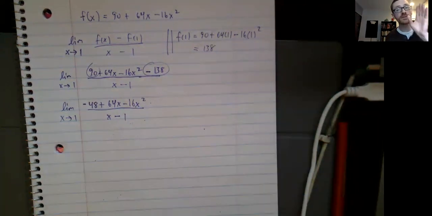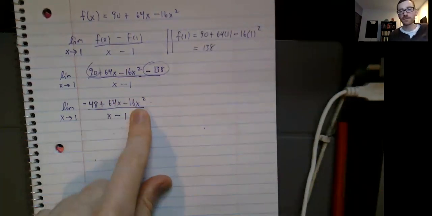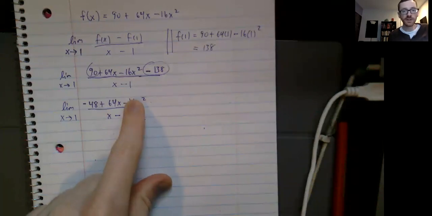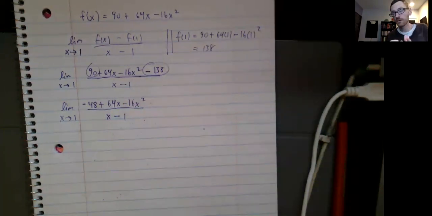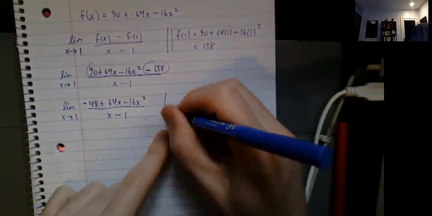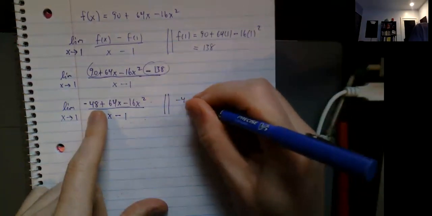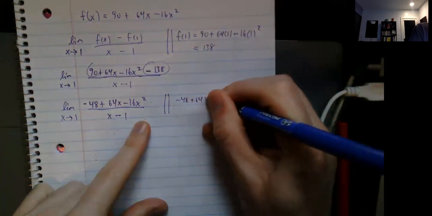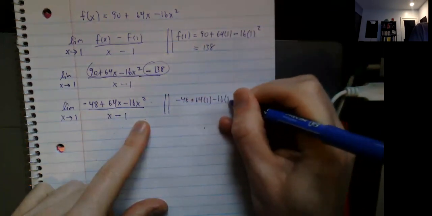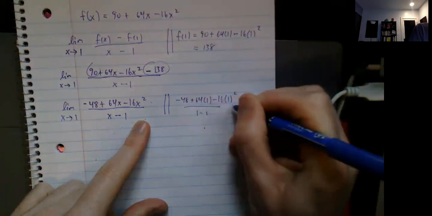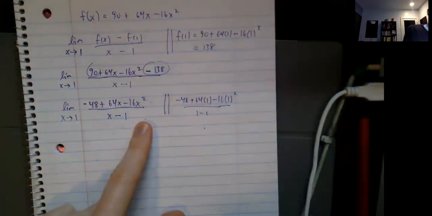So this is like what we did 2 lessons ago, okay? The first thing that you do with these is you just try plugging the number into the expression. You just try plugging in 1 for x. And if you get a nice number, then that's the value of the limit. So if you try plugging 1 into this, negative 48 plus 64 times 1 minus 16 times 1 squared over 1 minus 1, I'll save you the trouble.